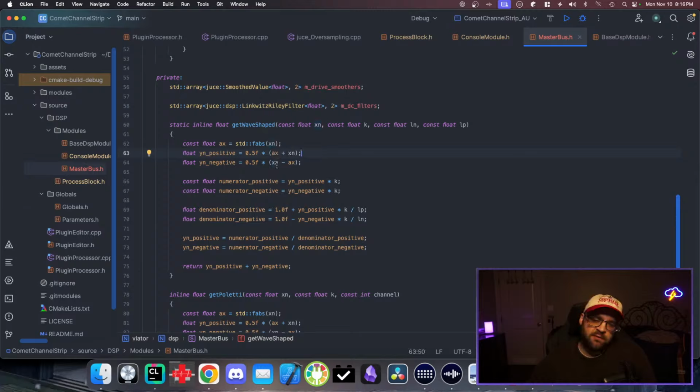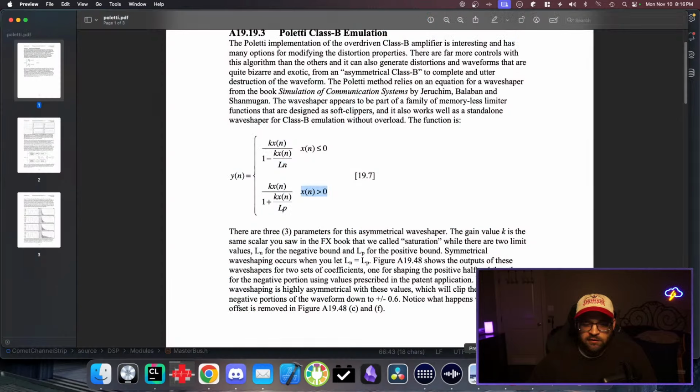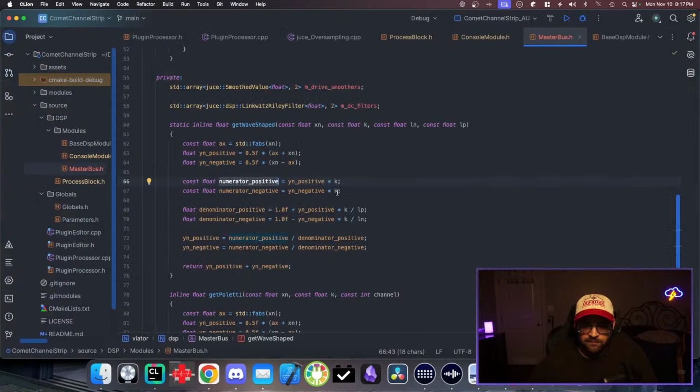And then for the negative one, we're saying our input minus that absolute value, which is always going to be negative. So numerator positive is just a handy way to look at the actual numerator, so k times xn. And it's the same thing for both of them. So we got numerator positive and negative, using yn positive and yn negative times k.